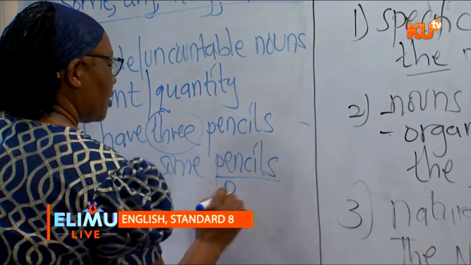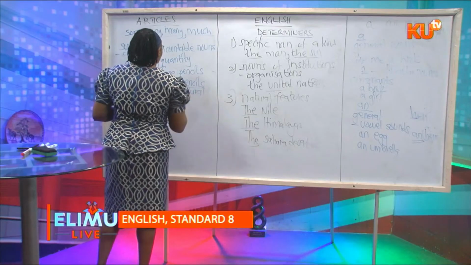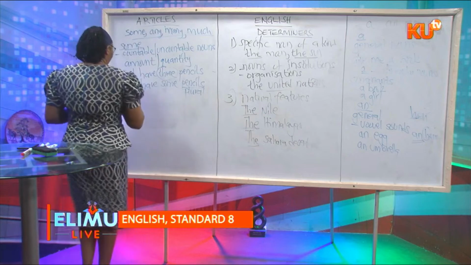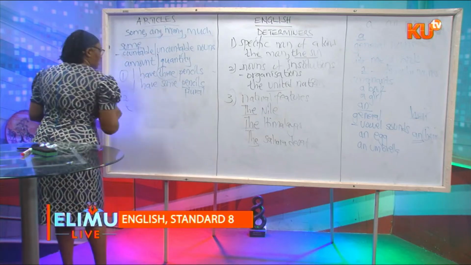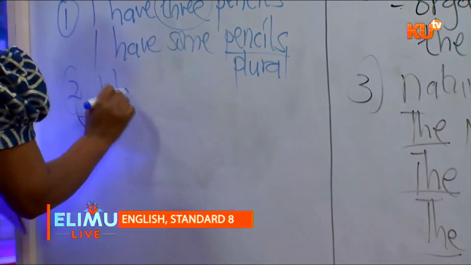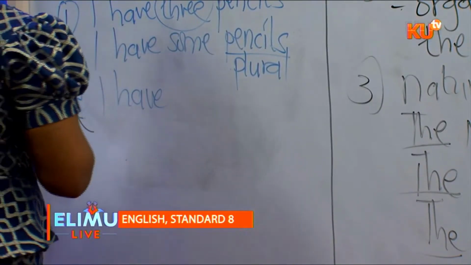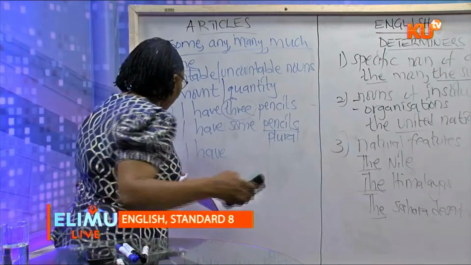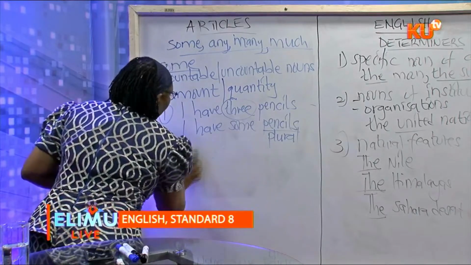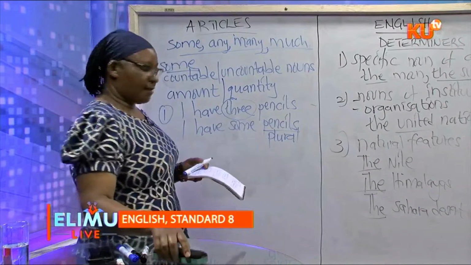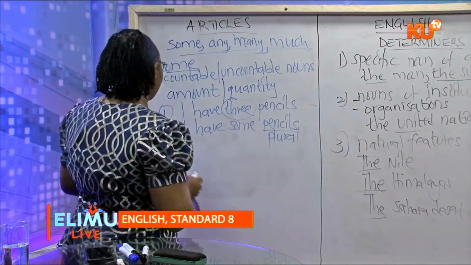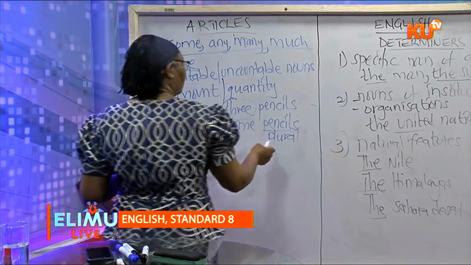This word is plural. It is not used in singular because you can't have the word some and use it with one item. So it is only used with plural nouns.